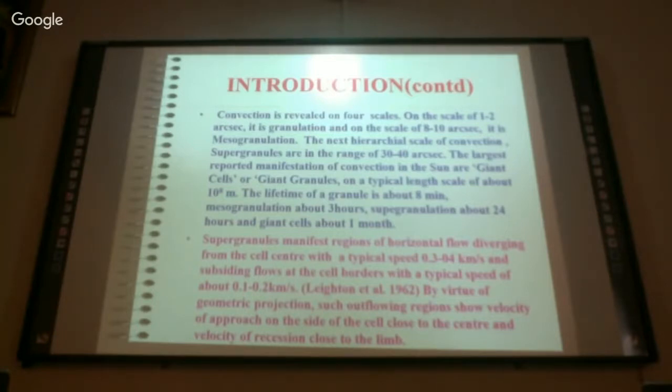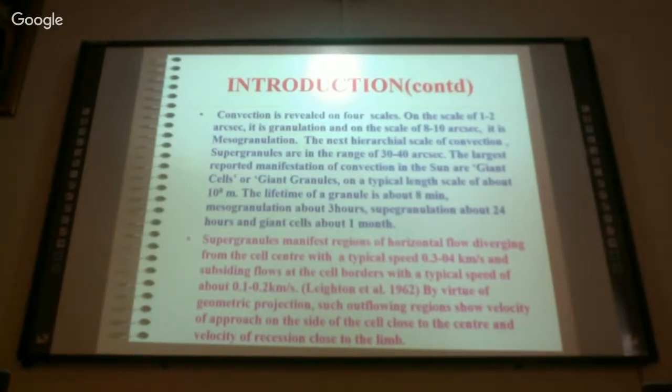And the next hierarchical scale, that's my area, is supergranulation with a typical size in the range 30 to 40 arcsecond and a lifetime of about 24 hours. And the next highest hierarchical scale in convection is the giant granules, which have a typical size of 10^8 meter and a lifetime of about a month.